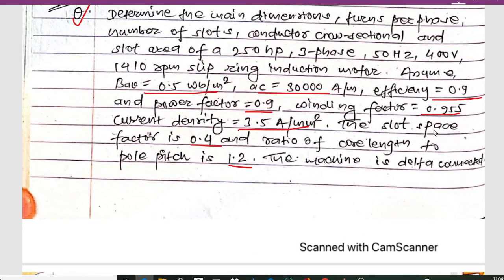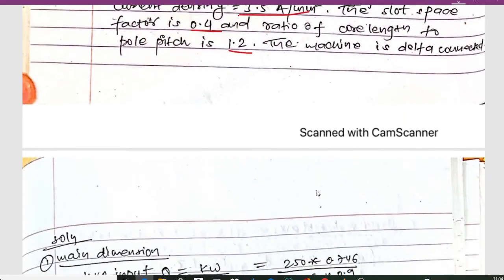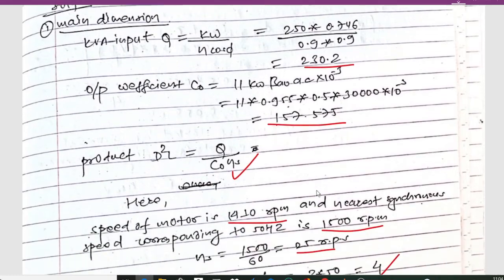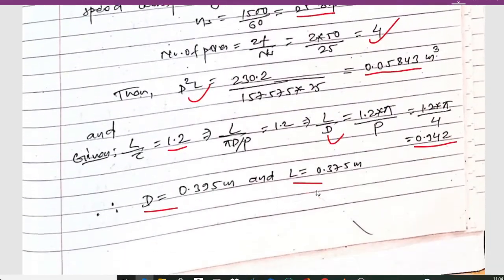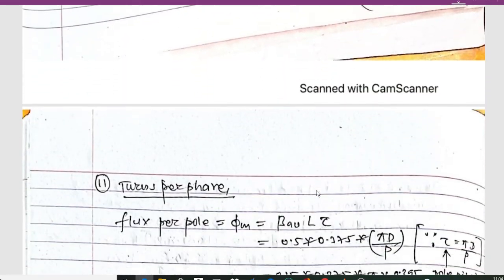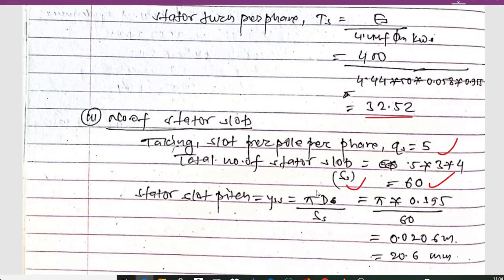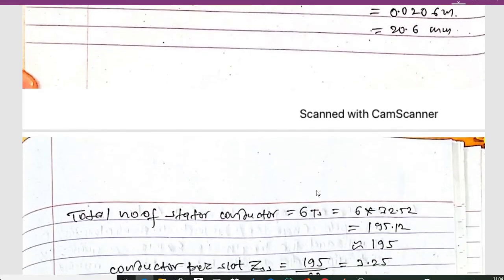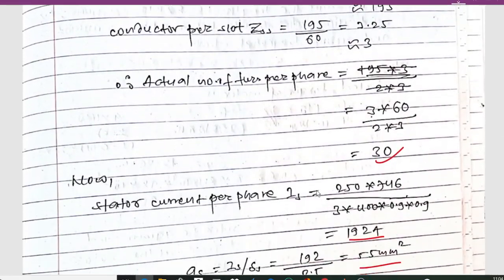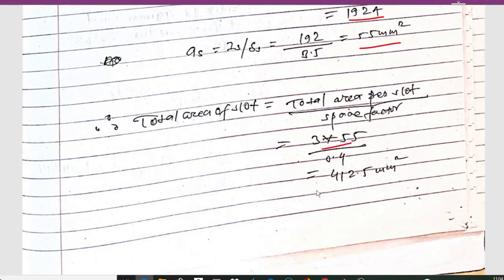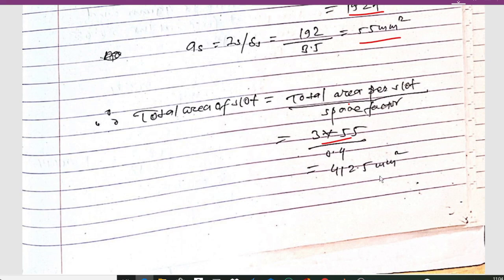So all the parameters are given in the question. You just need to know how to apply the required parameters at the required conditions. Finally we will get the total area of slot as 412.5 mm squares.